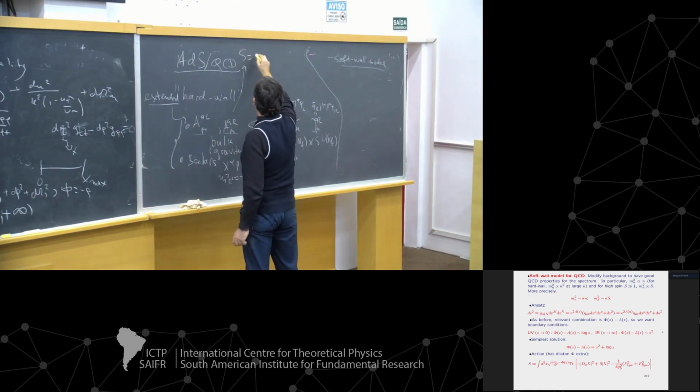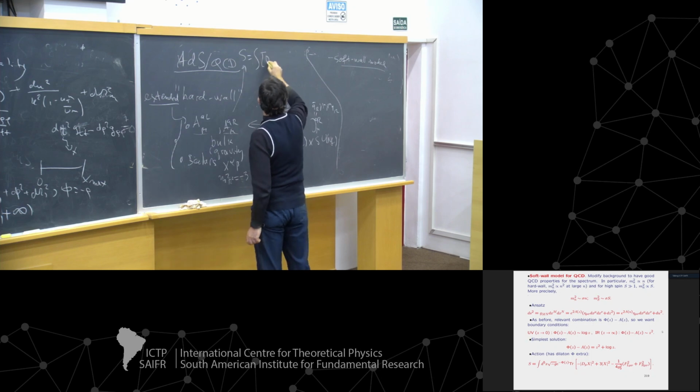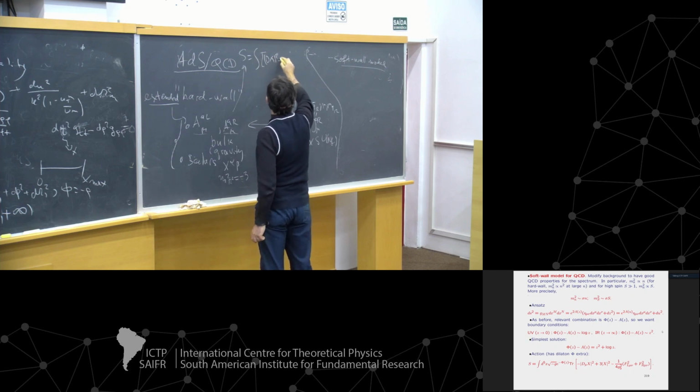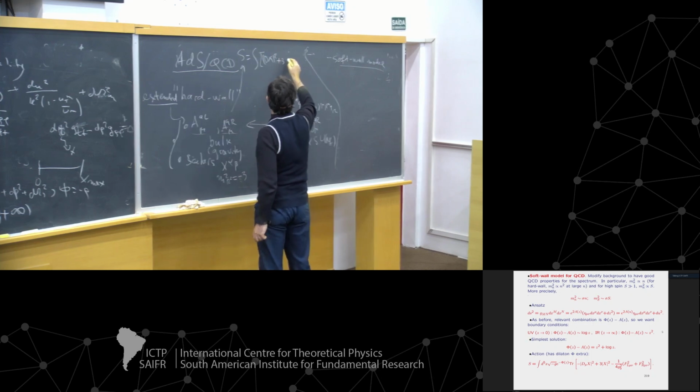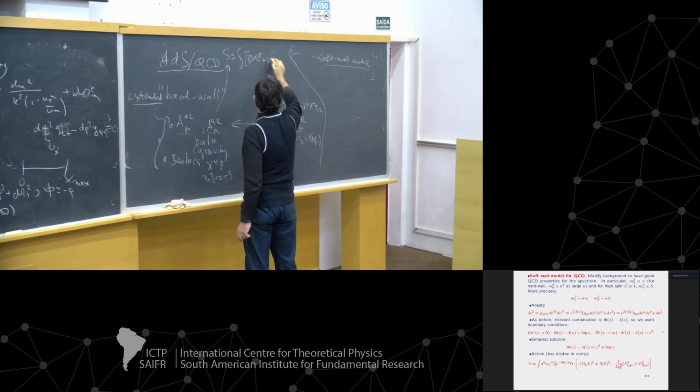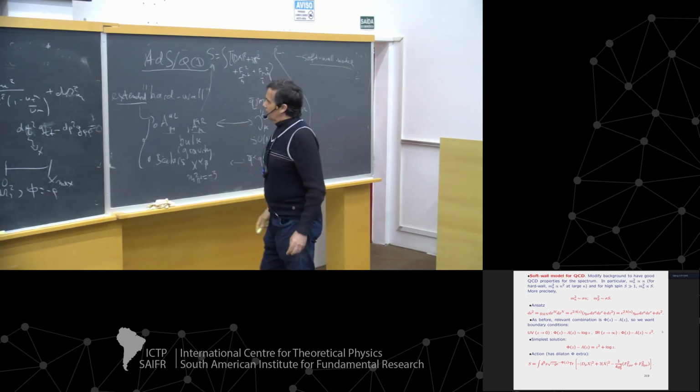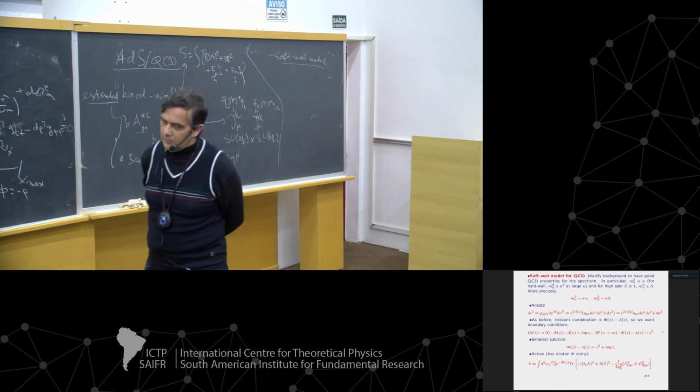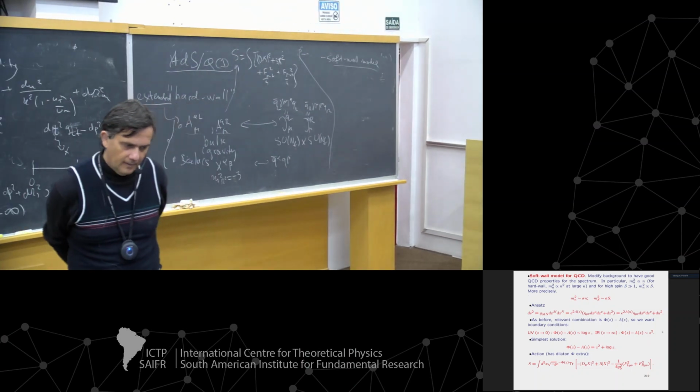So S was integral dx squared plus 3x squared, then plus F mu nu left squared over 4 plus F mu nu right squared over 4. So this was for the soft wall model.